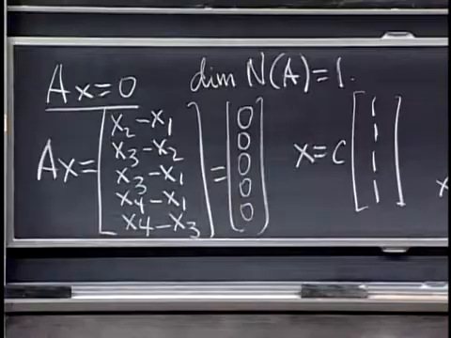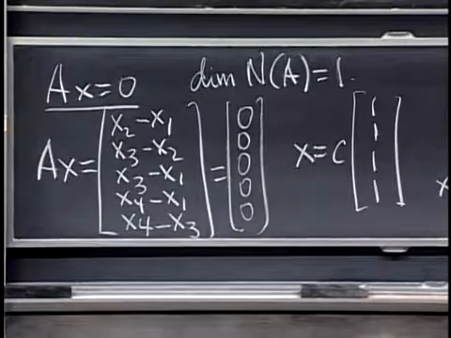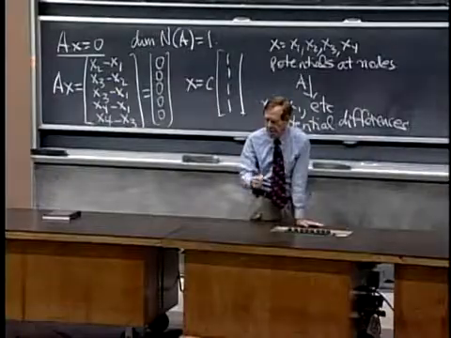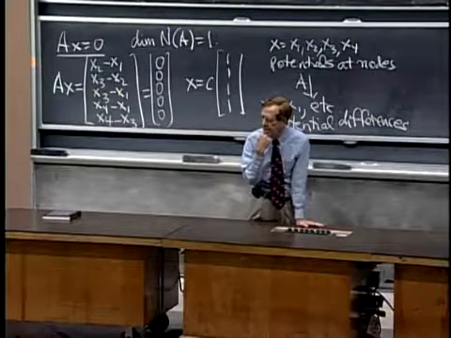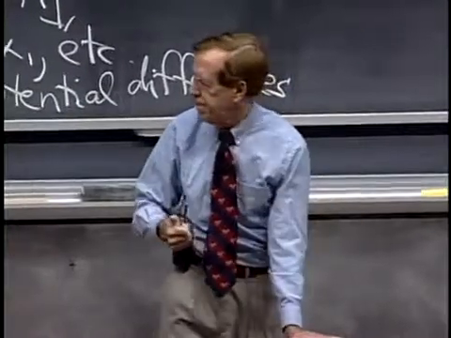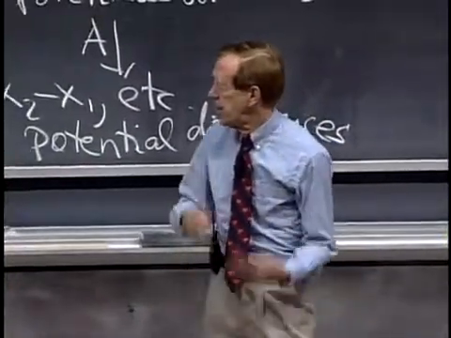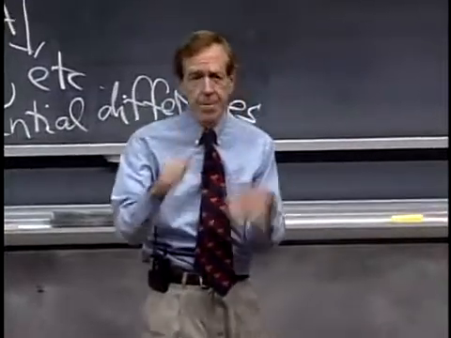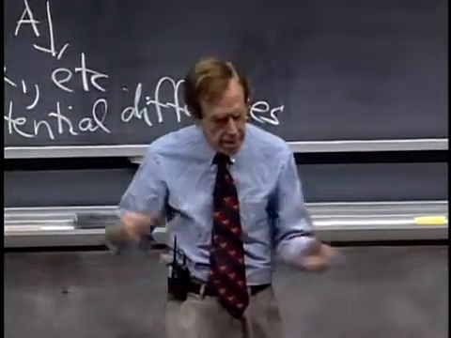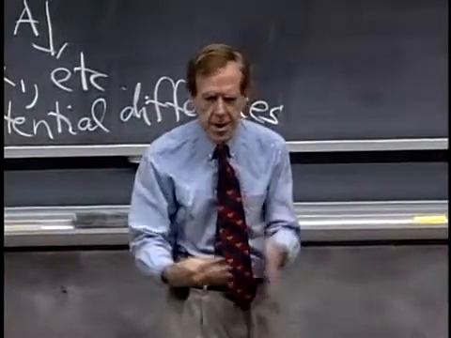Good. And what does that mean physically? I mean, what does that mean in the application, that guy in the null space? It means that the potentials can only be determined up to a constant. Potential differences are what make current flow. That's what makes things happen.